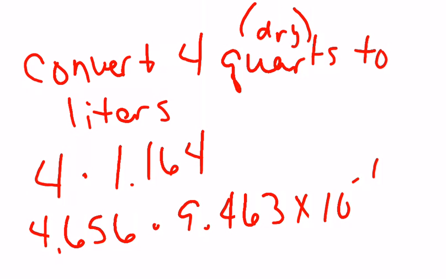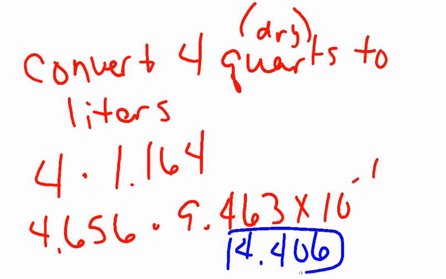Again, you can keep it the way it is, or you can convert that. It would be 0.9463. Multiply it by the 4.656. And so our final answer is 4.406. So 4 dry quarts to liters means that we would have 4.406 liters.